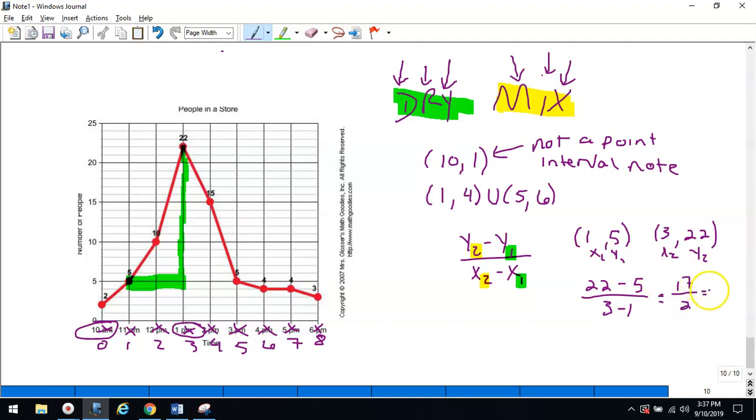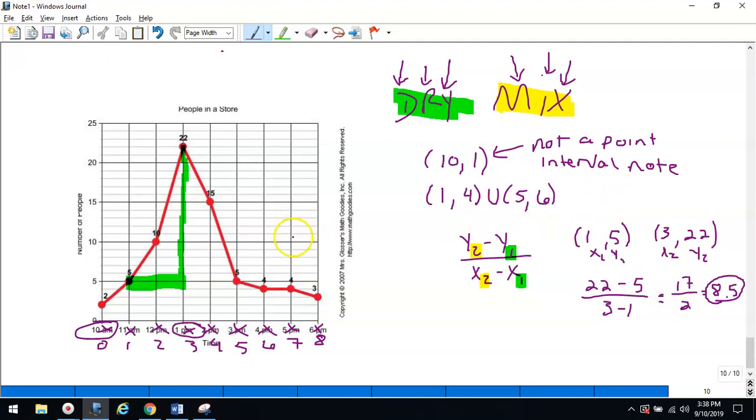So if I split 17 in half, that is going to be 8.5. So that's my rate of change. Every hour from 11 to 1, on average, we're gaining 8.5 more people into the store. Okay, so that is from 11 to 1.